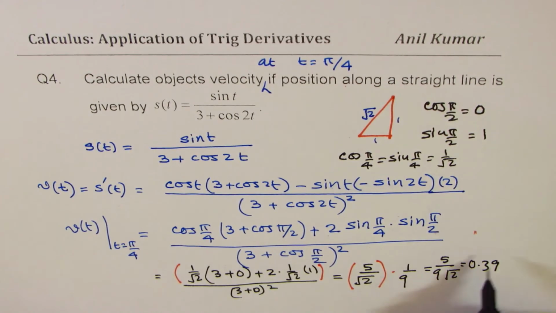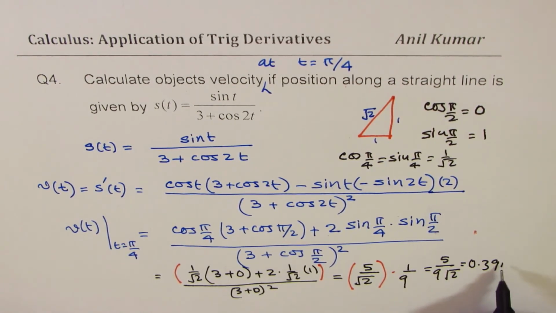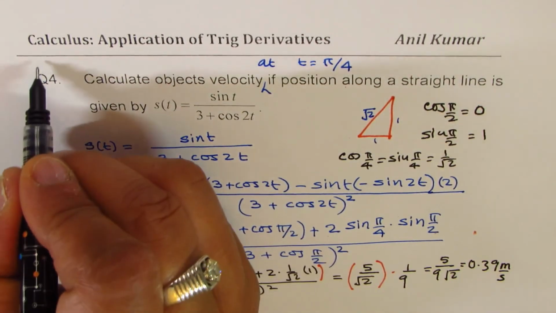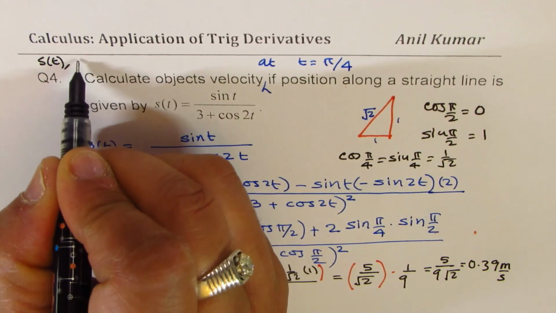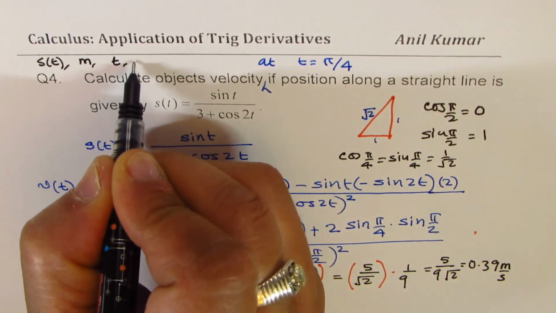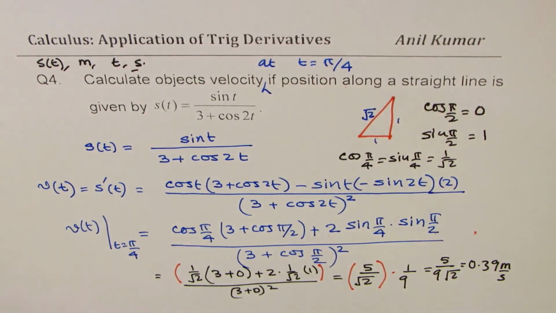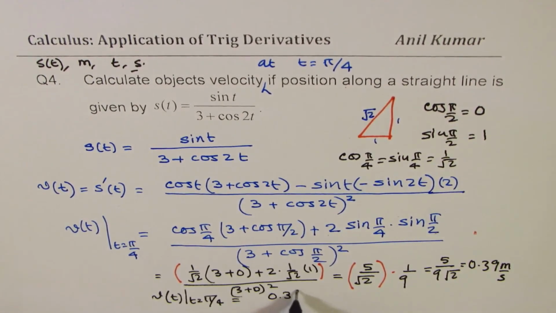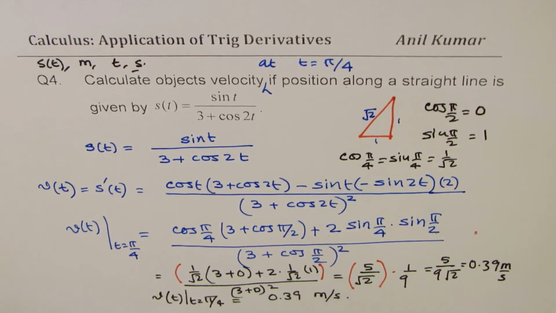The units, let's write meters per second for the time being. Normally we'll assume that displacement s of t is in meters and time is in seconds. So that is our answer. We write velocity at t equals pi by 4 is equal to 0.39 meters per second.